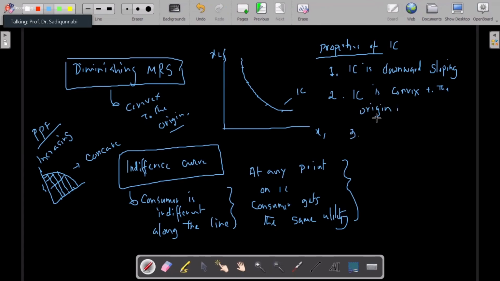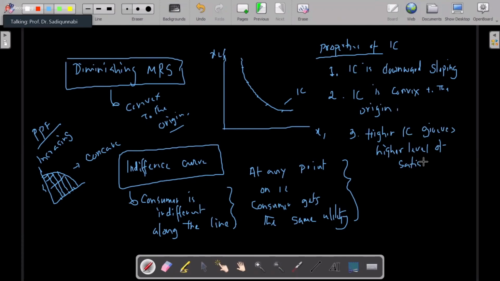Number three: a higher IC gives a higher level of satisfaction.